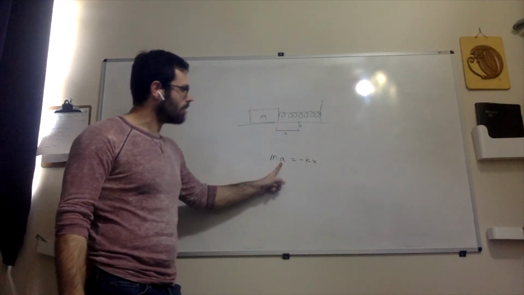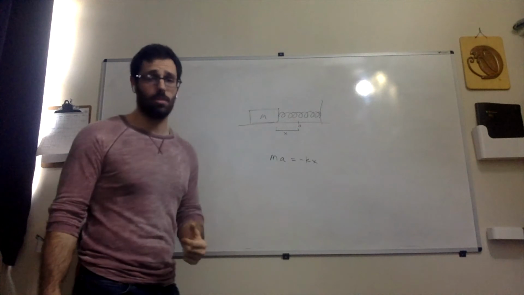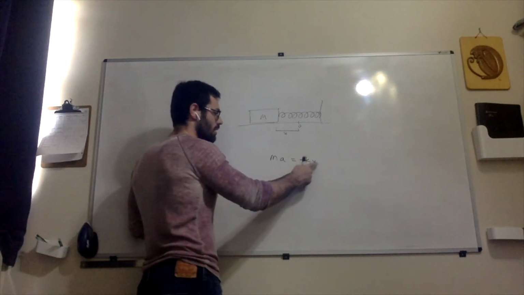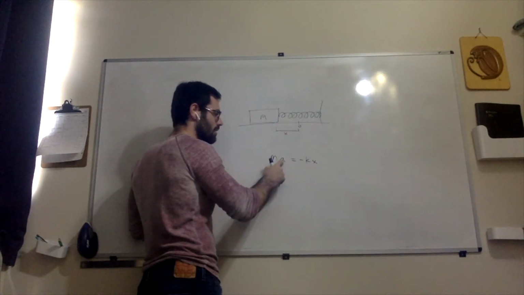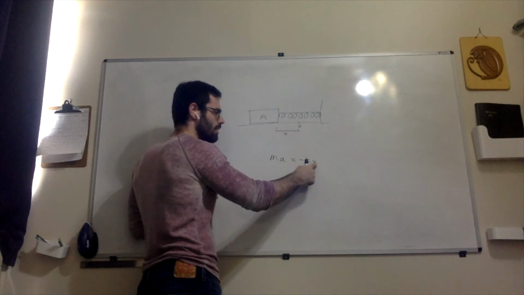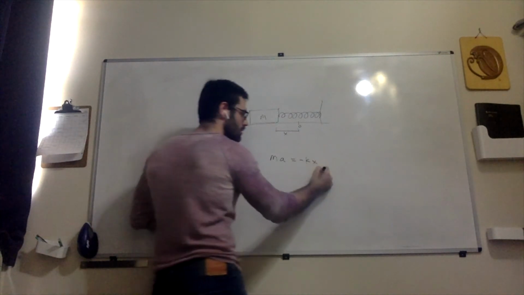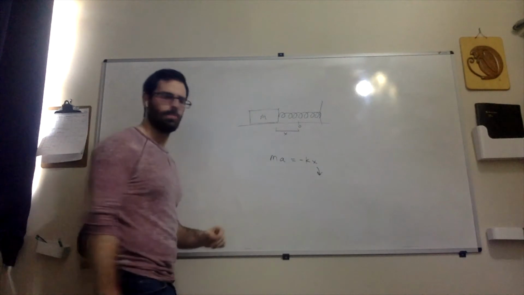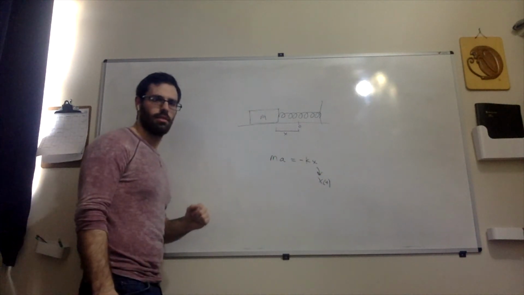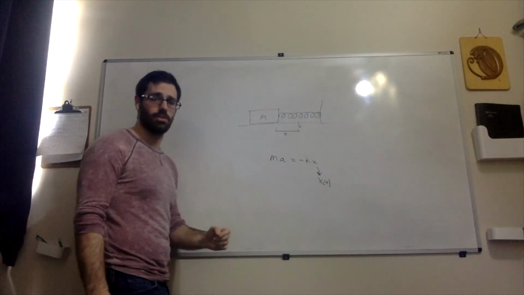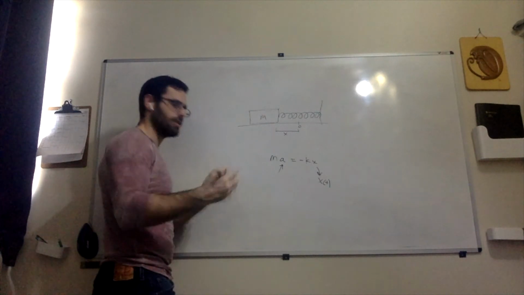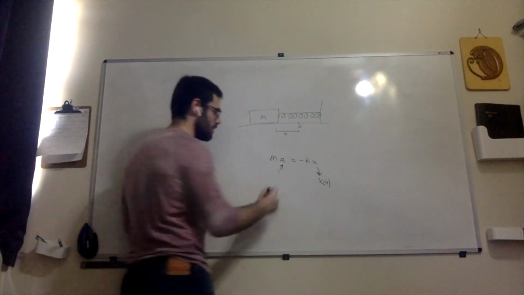Well, we know that ma equals negative kx. And from our very preliminary study of differential equations, you'll note that this x has something to do with this a. If we can represent this x in terms of a function of time, x of t, at some time I'm going to be at some position, then I can represent this as simply the second time derivative of that function.